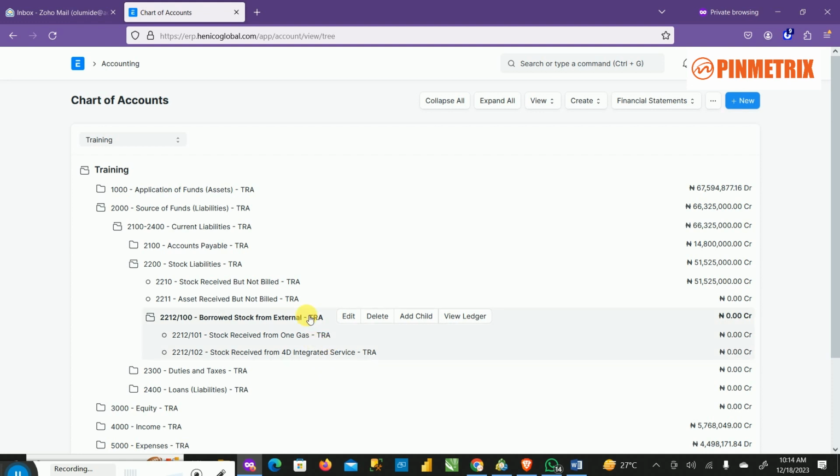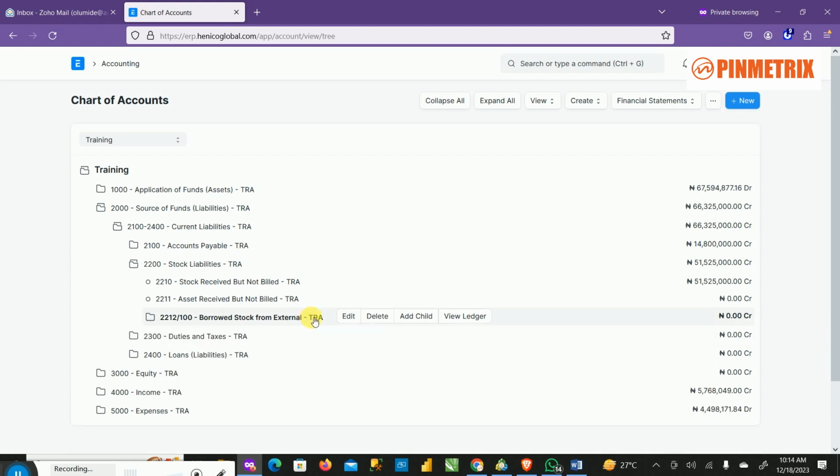At the same time, what if you're supposed to give the stock back to them? Please take note, even if you are going to return, it is just the reverse of whatever happened when you borrowed it.